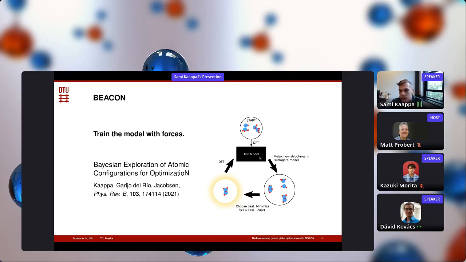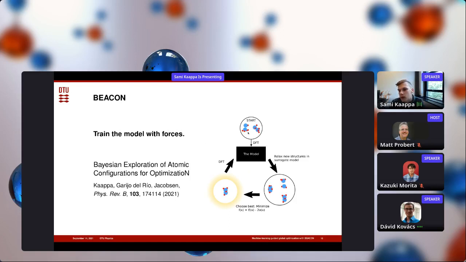So we have a surrogate model here, which is basically a Gaussian process, which is now trained with forces, and we use a fingerprint that takes into account the natural symmetries of the system, such as rotation and translation and permutation. And well, I would like to go through this cycle here.